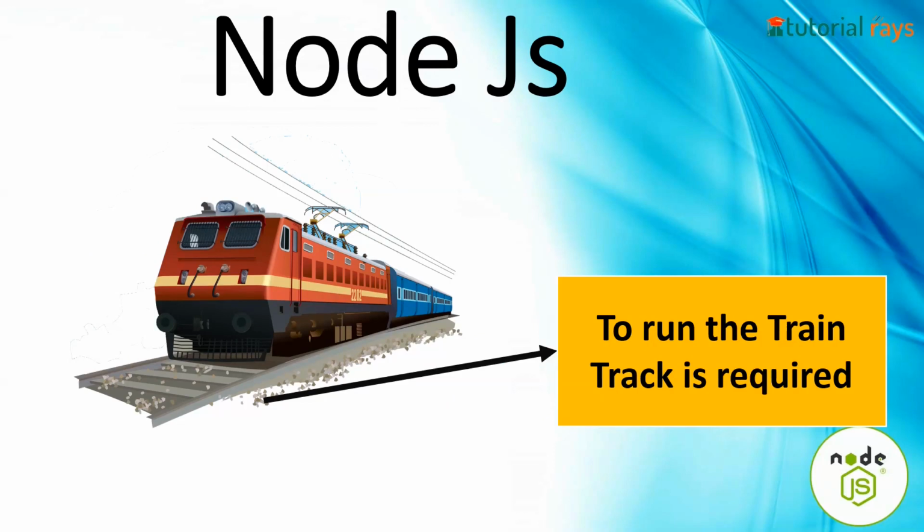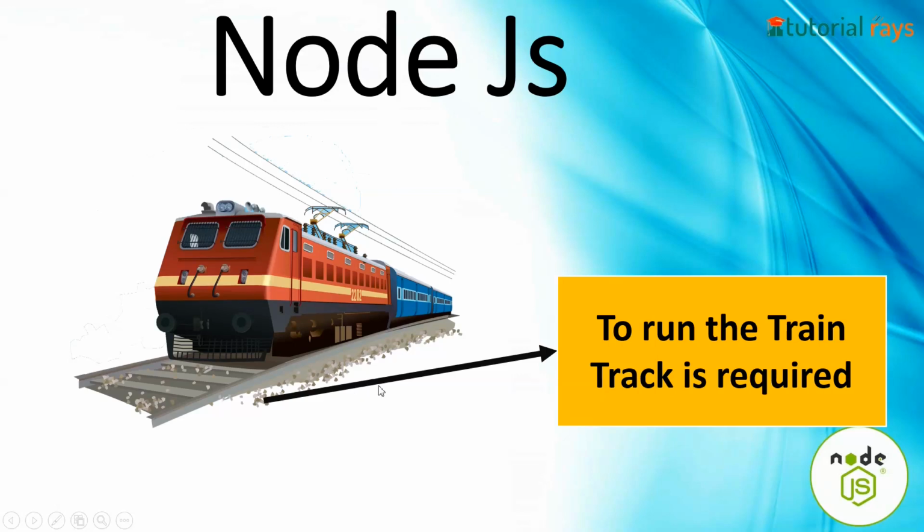Now, to understand it better, I have tried to explain how and what Node.js is. Let's take an example. To run this train, we need a track, right? Without a track, this train cannot run. So there are two things here. One is train and another one is track.